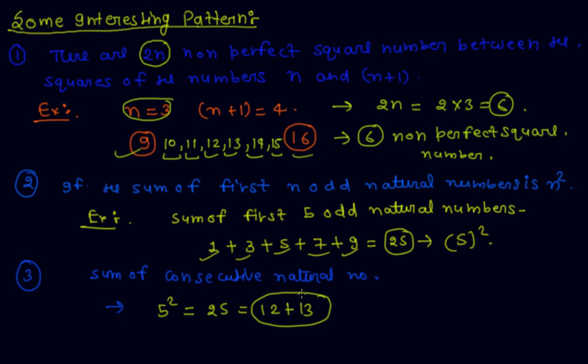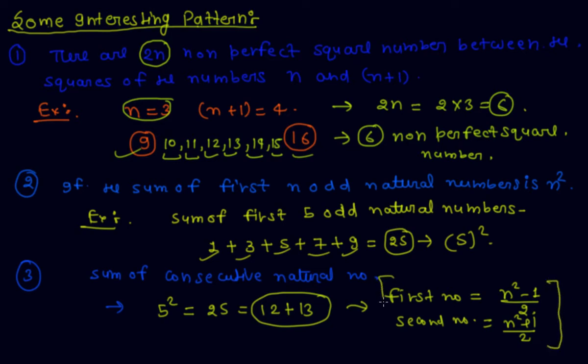How to find these numbers? By formula. The first number is (n square minus 1) by 2, and the second number is (n square plus 1) by 2. In this example, the value of n is 5.